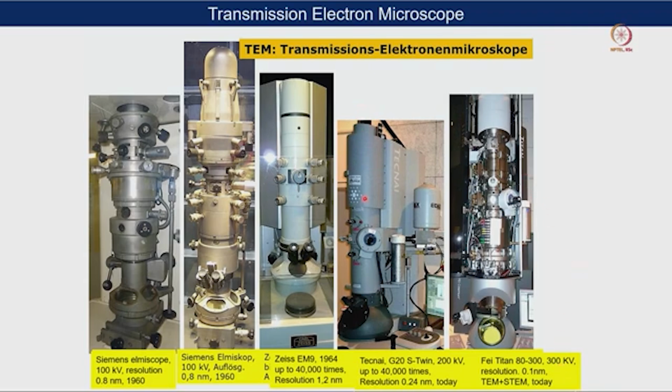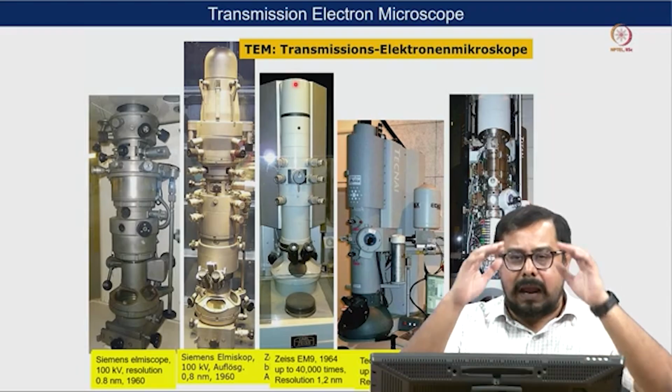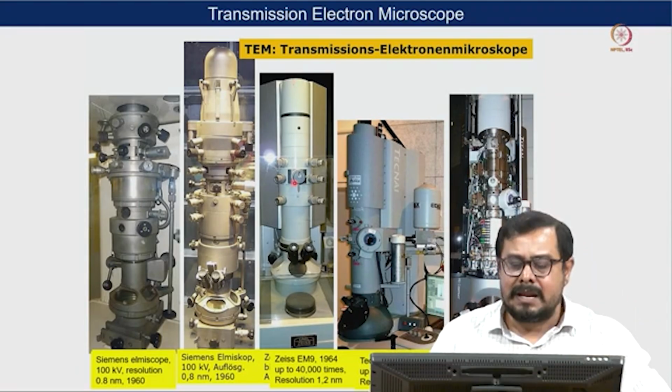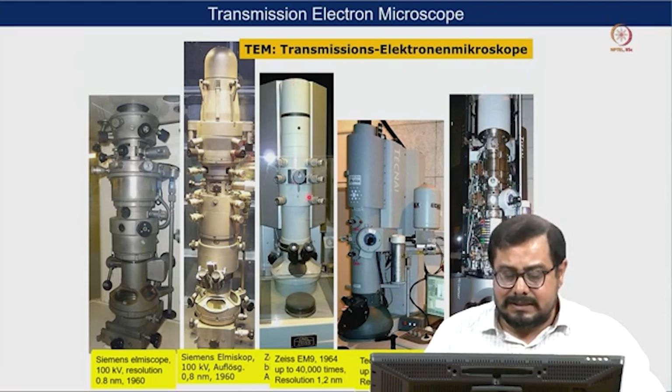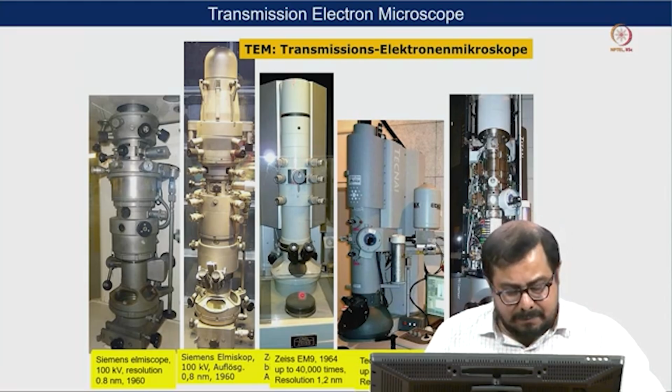In this column you can see the viewing chamber. The overall architecture, as I mentioned, is the same. The high tension or accelerating stack is here, and the electron gun will be at the top, where the electron gun means the main electron source, and electrons come through that. Here the multiple lenses will be, and this is the viewing chamber.